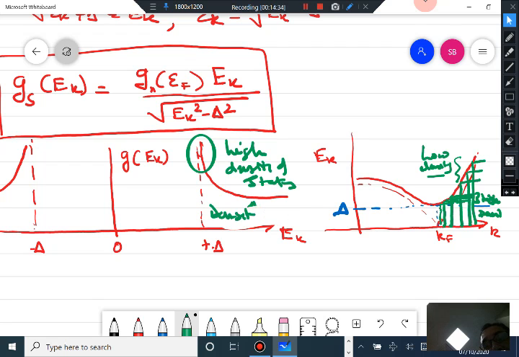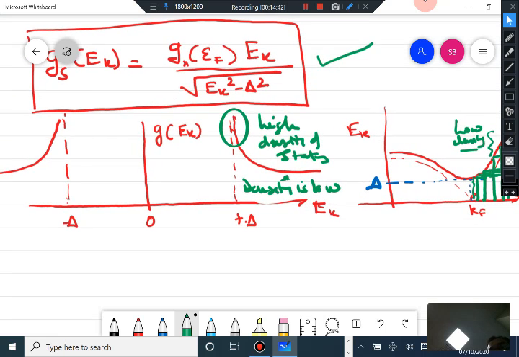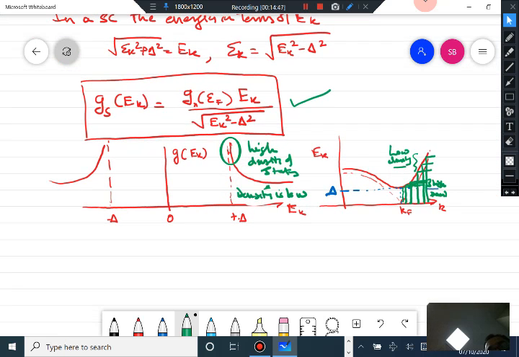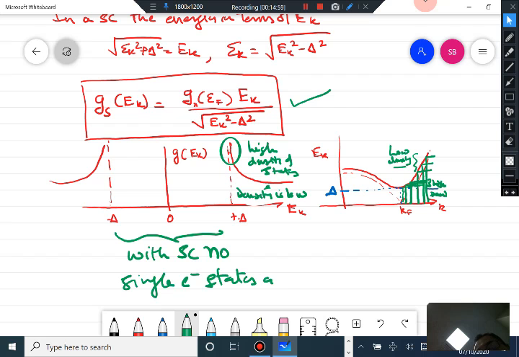And this is basically your expression for the density of states inside a superconductor. You can see that within plus minus delta around the gap there are no states available. So within the superconducting gap, no single electron states are available.